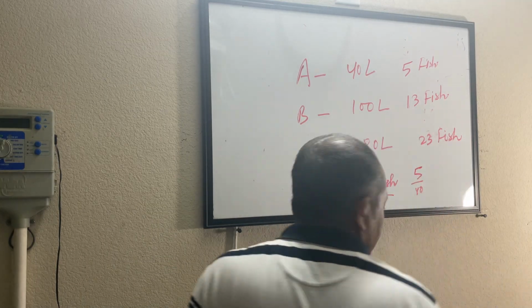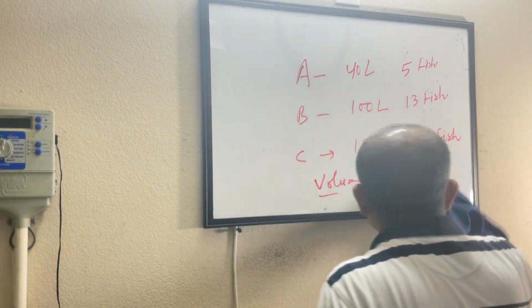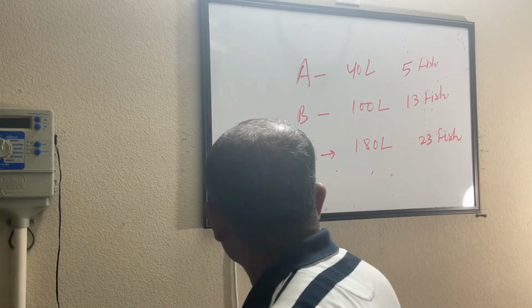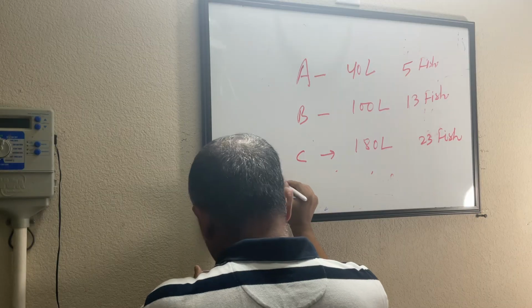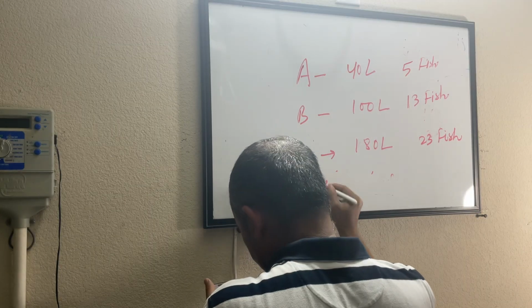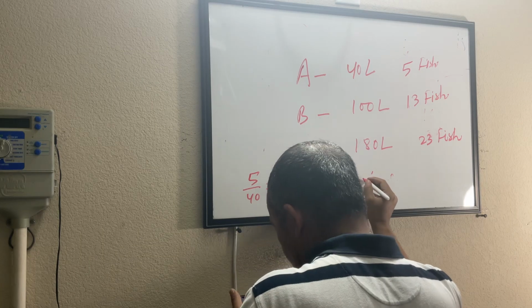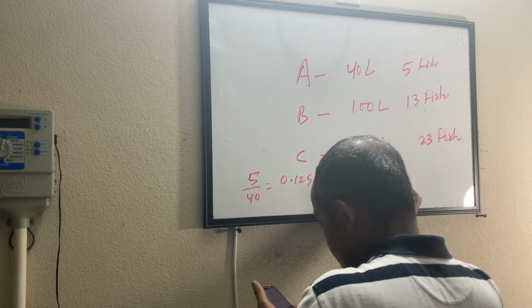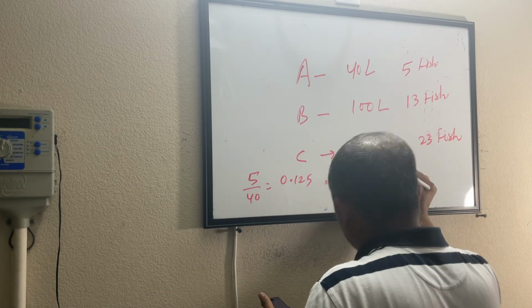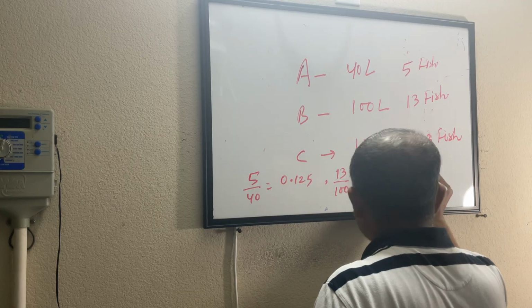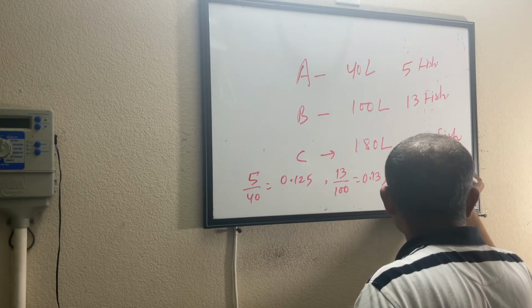5/40. Okay, let me create some space here. Her work is 5/40 equal to 0.125. 13/100 equal to 0.13. 23 over 180 approximately equal to 0.127.